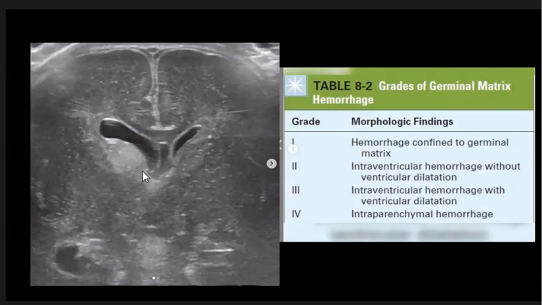grade 3 germinal matrix hemorrhage, and these are the classification of germinal matrix hemorrhage with ultrasound, as we see here.